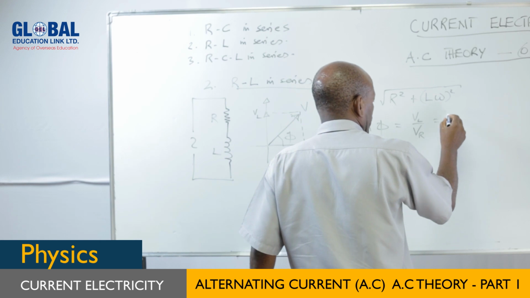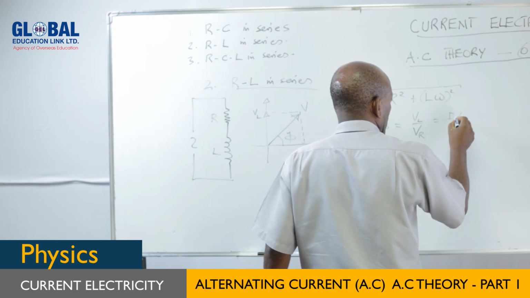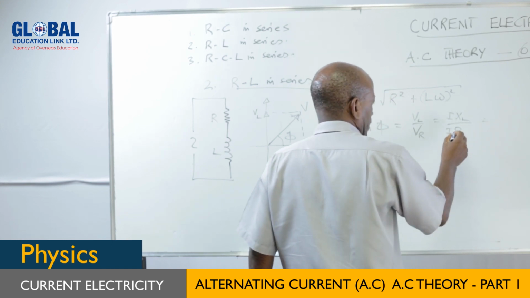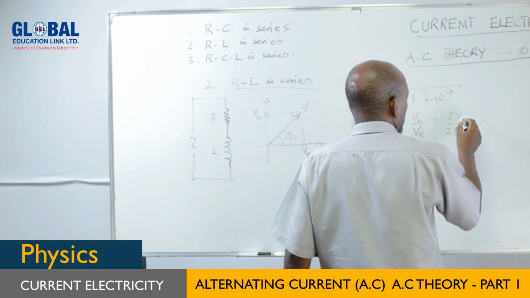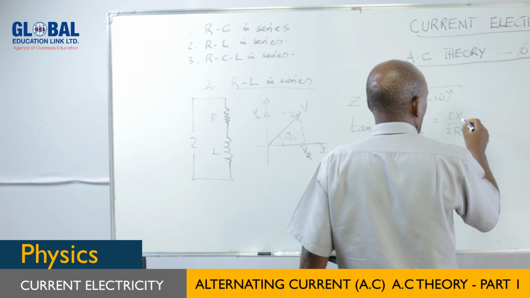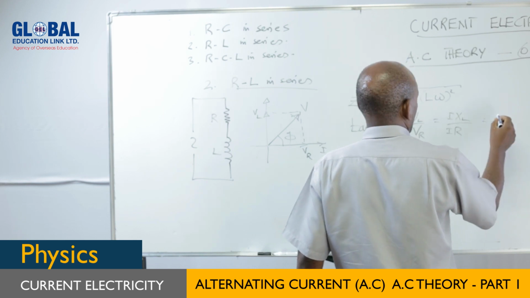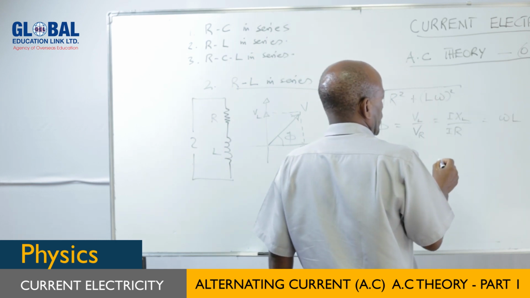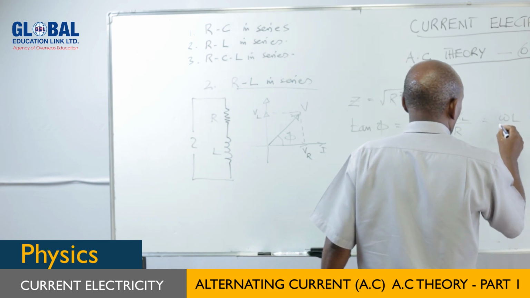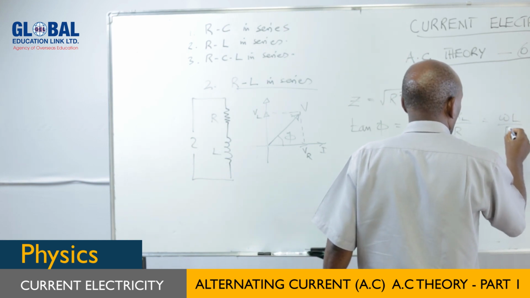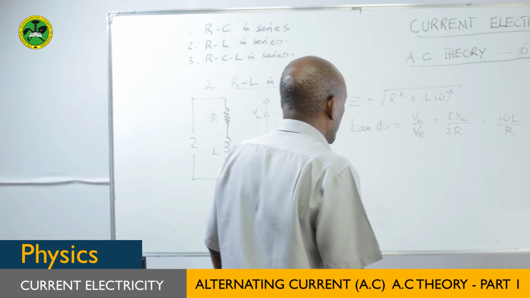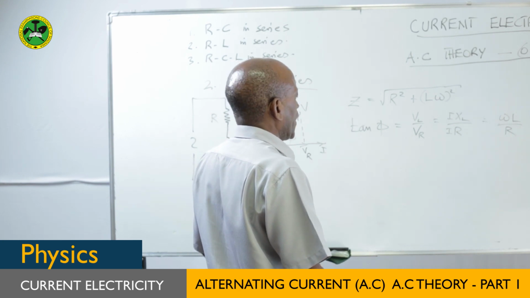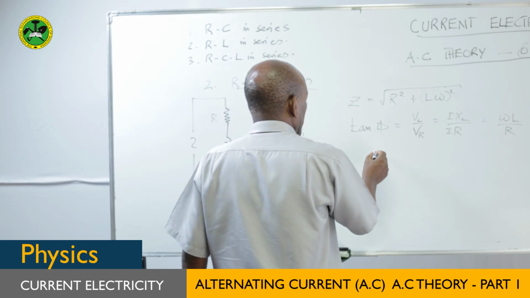For an inductor this is equal to I times the inductive reactance, and for the resistor it is I times R. The inductive reactance is just equal to omega L, so we'll be getting omega L over R, and you can determine the angle.